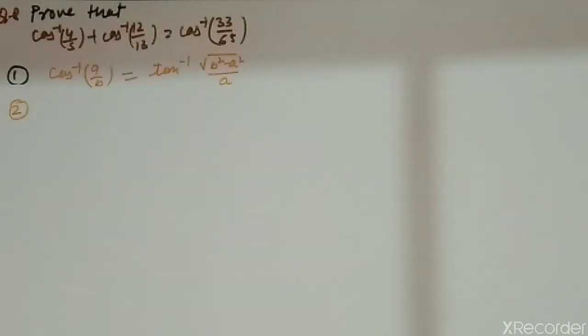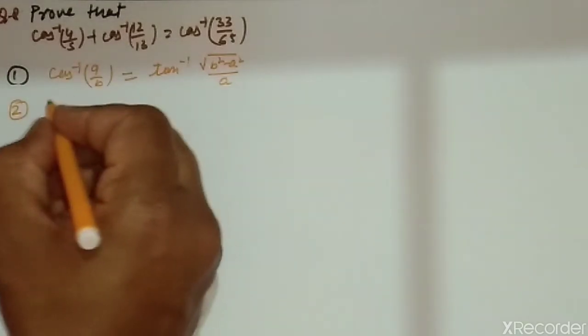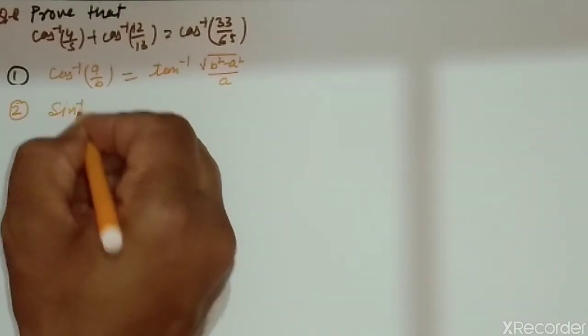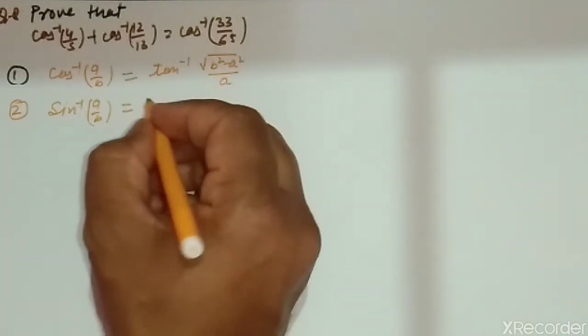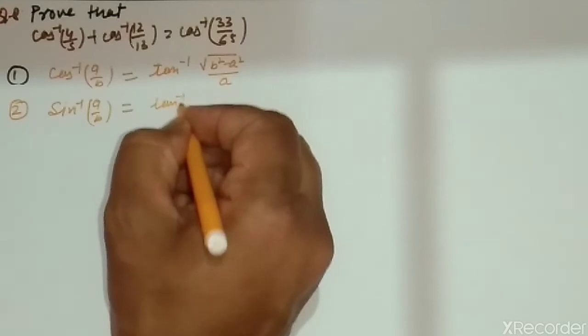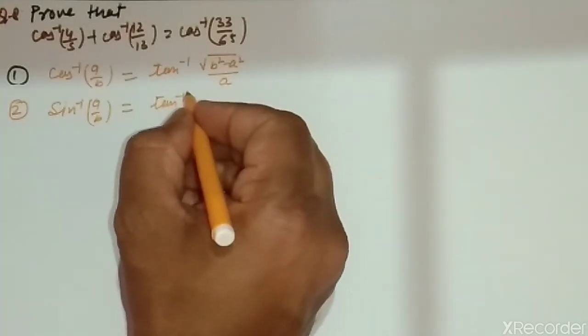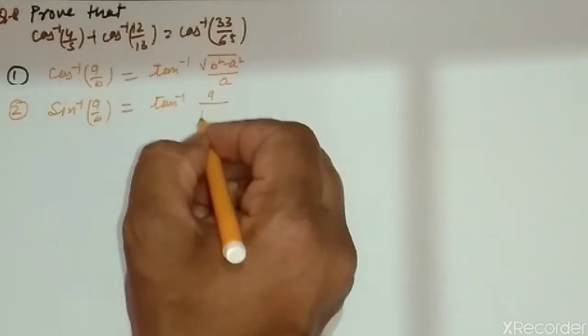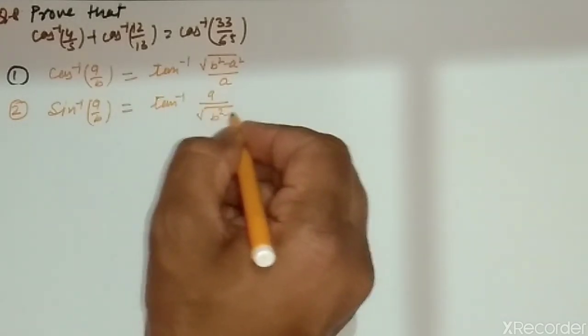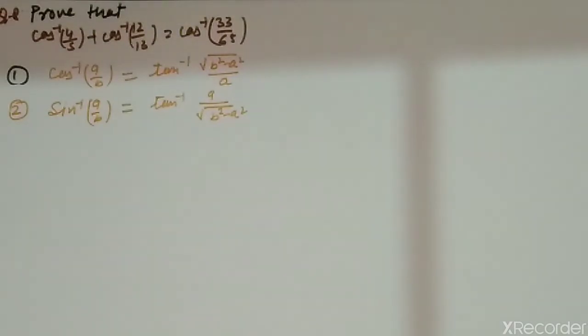And the second identity for sine inverse a upon b, we can write it as tan inverse of a upon under root b square minus a square. Clear? You have to recall these two identities, then you can solve the problem. Now come back to the problem.